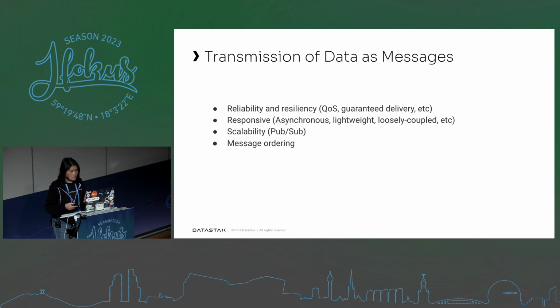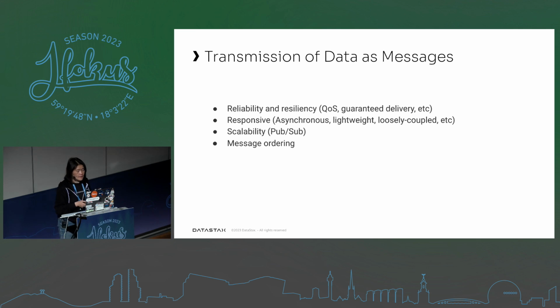Now let's also take a look at transmission. That's the modern system, some abstract idea. But we need to look at the fact that we're dealing with data. They are messages. Basically, we're talking about transmitting data as messages. So all of these properties must exist in, for example, a change data capture event streaming system.